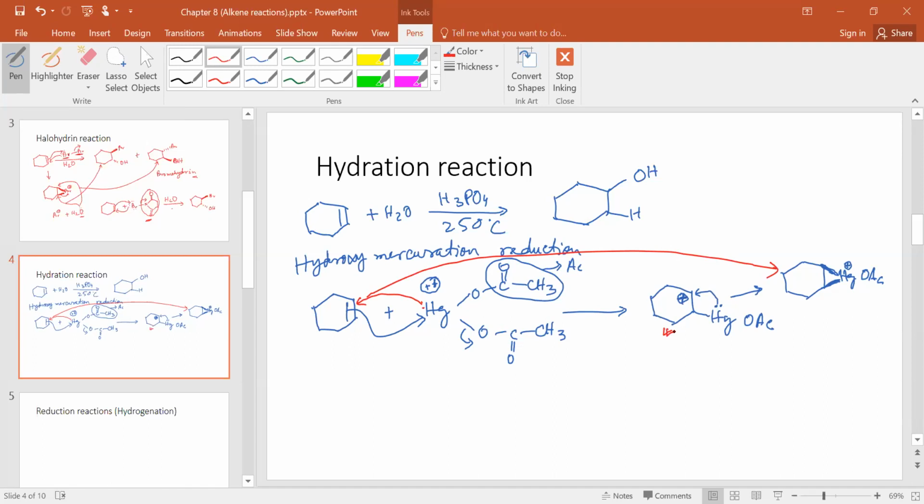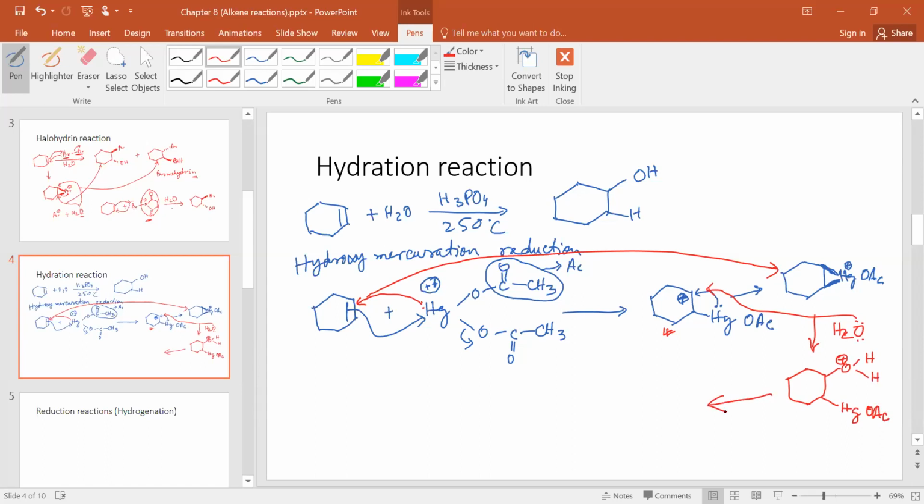And then a water molecule is there. See, water will go here at the carbocation and it will form OH2, and this will make HgOAC.